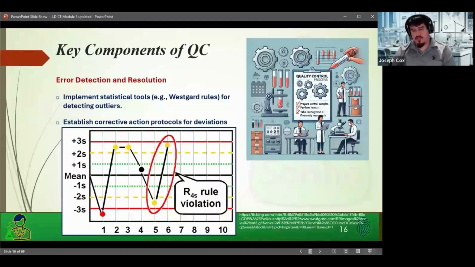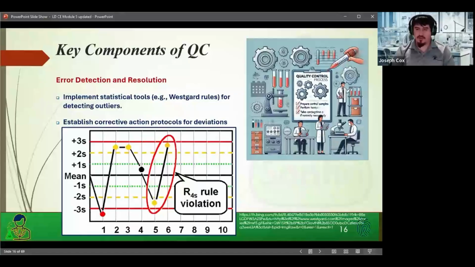Here's an example of a Westgard rule. This is the 4S rule. What that means is your back-to-back QC runs are outside 2 standard deviations twice in a row. So you see here, your negative 2 SD and then positive 2 SD. So that means you have a spread of four standard deviations.